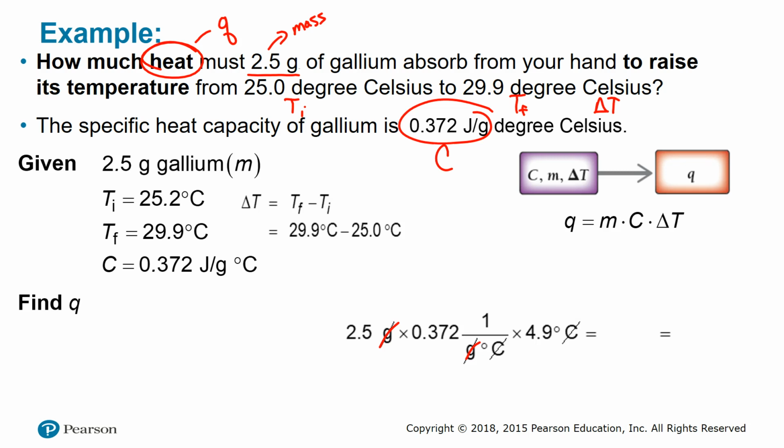That means my answer has to be in 2 sig figs. Now, when I put my temperature change in there, that got rid of my degrees Celsius. So the only thing I'm left with should be a joule. Sorry, I'm not sure why it showed up as a 1.